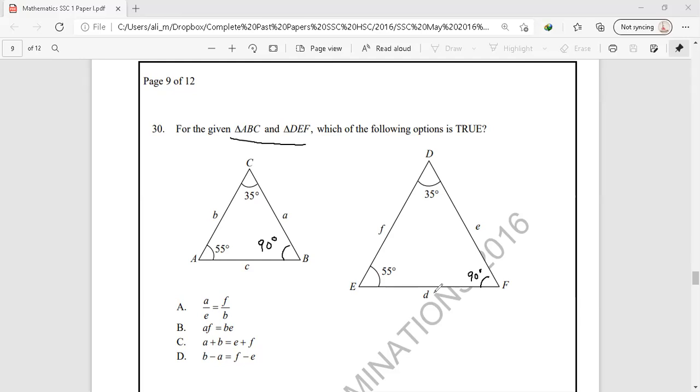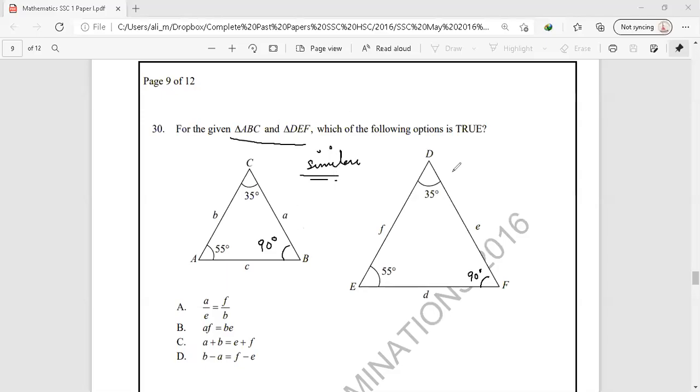And the sides are unequal, ABC and DEF, which means these two triangles are similar. These two triangles are similar. It means the ratio of the sides would be equal to the ratio of the other sides of the triangle.